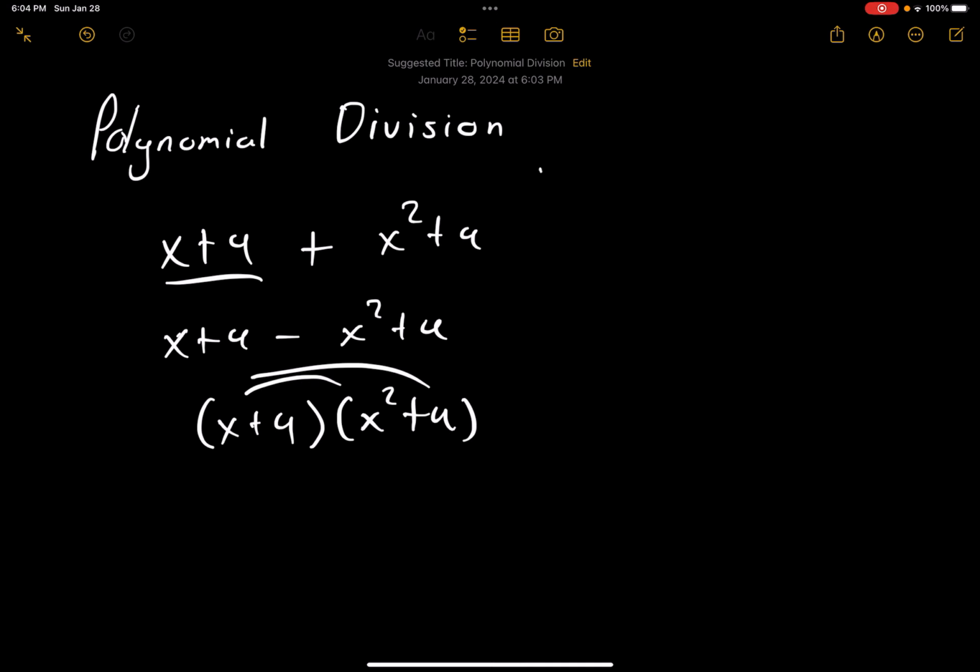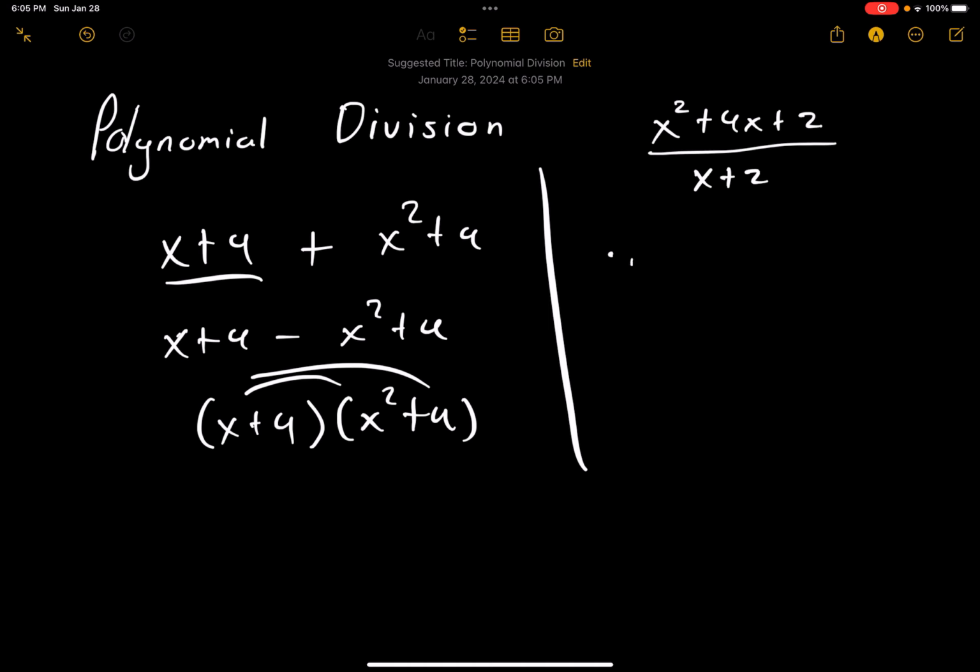However, what happens if you're now dealing with, let's say, a quadratic and you're dividing it by a polynomial? How would that work? Well, there are two ways that I recommend that you do this. There is, obviously, polynomial long division.